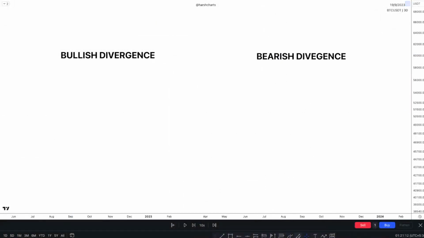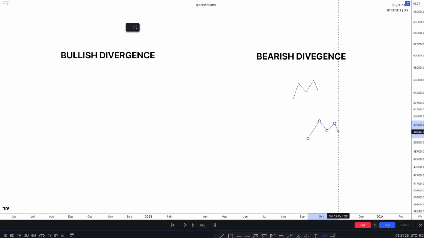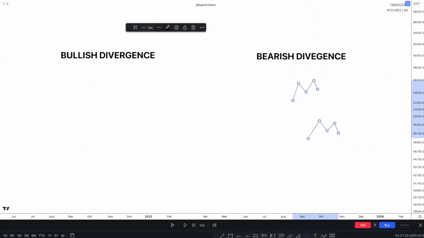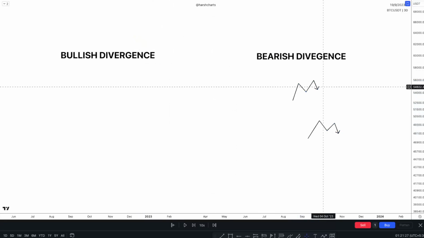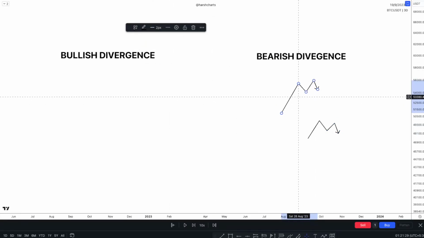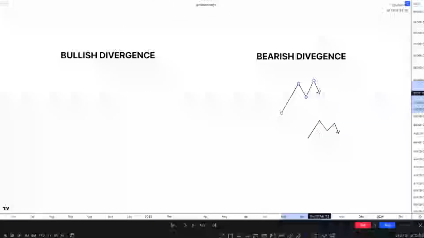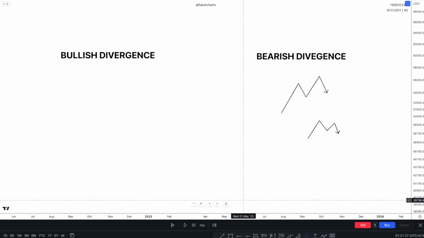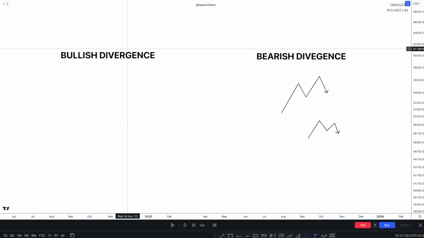So we have understood that when the price is making higher highs and the indicator is making lower lows, and let's do 2x for you all so it won't hurt your eyes. Let's try to make it bigger. So this is price basically, and now let's try to understand what is bullish divergence.